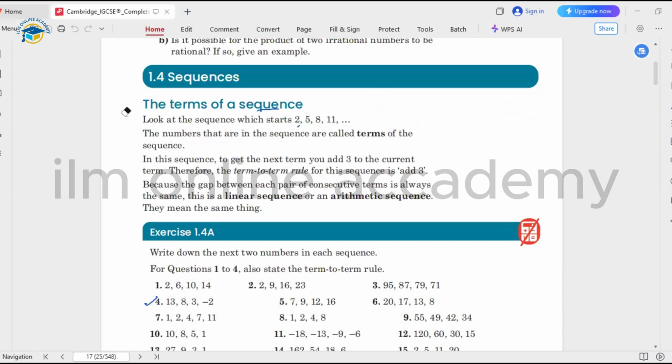Usually if we talk about sequences, there are two types of sequences. One is arithmetic and the other one is geometric.